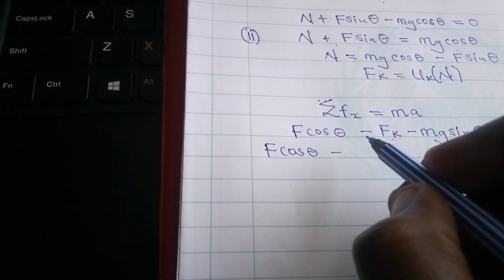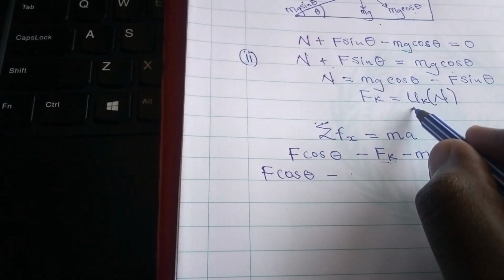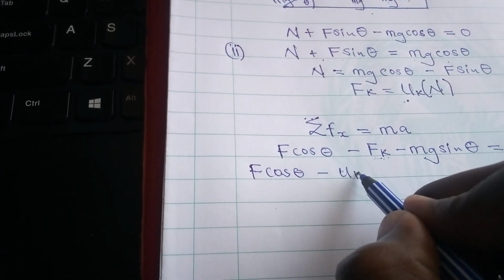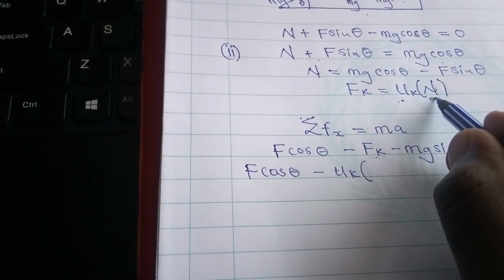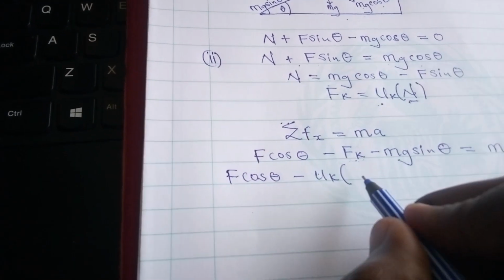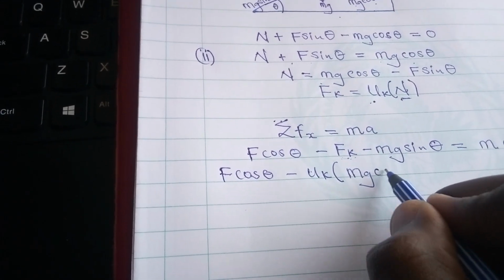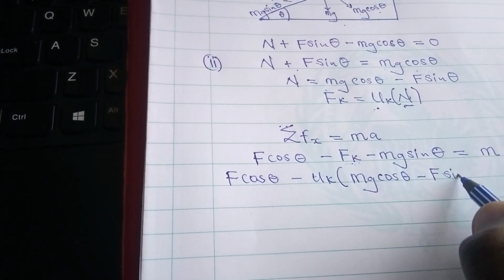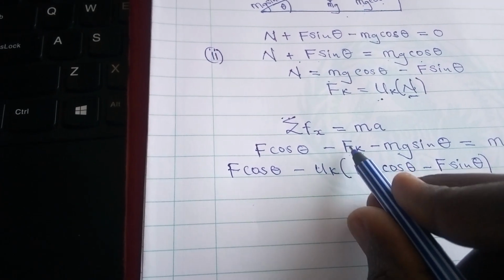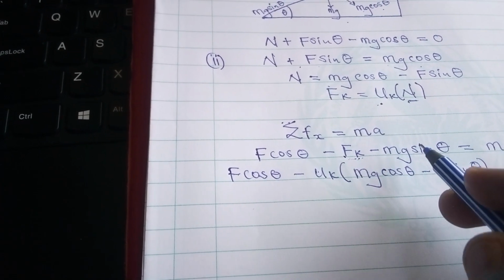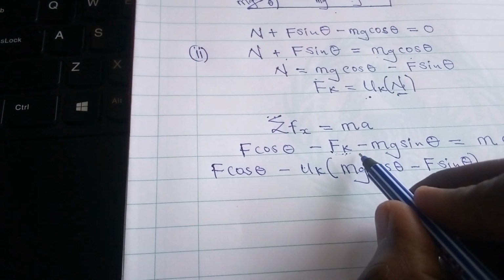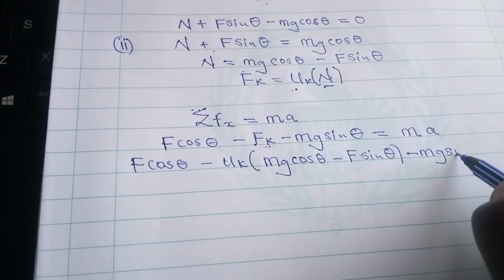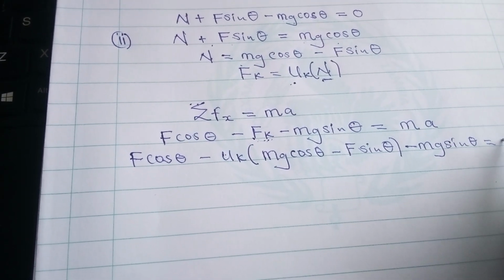We are going to follow that mu k, open brackets, the normal we have calculated there, which is mg cos theta minus F sin theta, that is fk, and then minus mg sin theta is equal to ma.